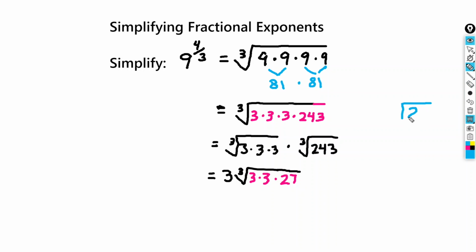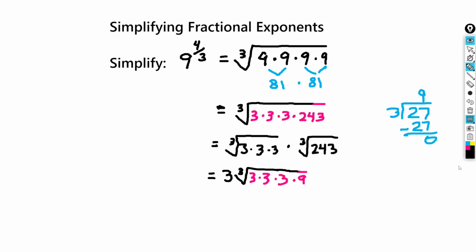So I got 27. Divide that by 3. Well, 3 goes into 27 evenly 9 times. 9 times 3 is 27. So remainder 0 here. So I can break this down further into 3 times 3 times 3 times 9.